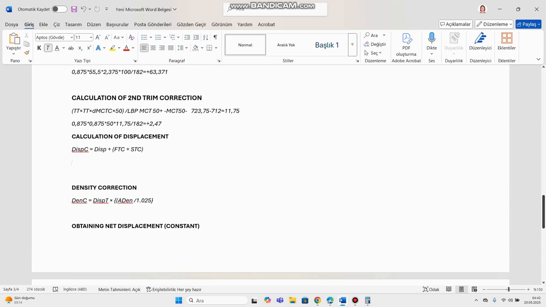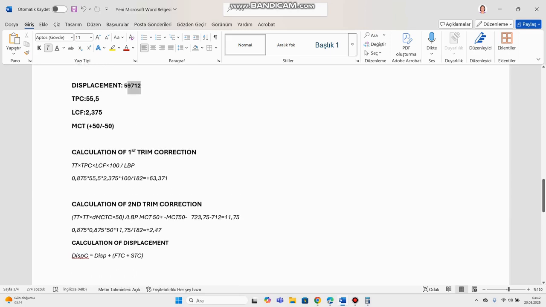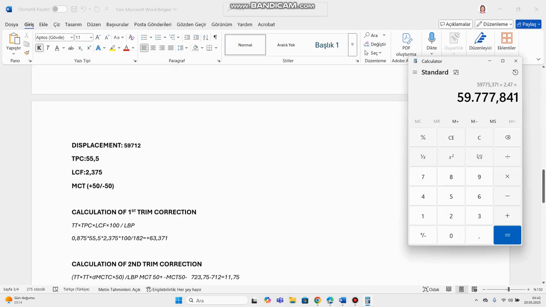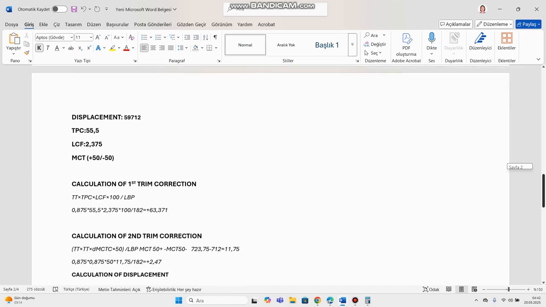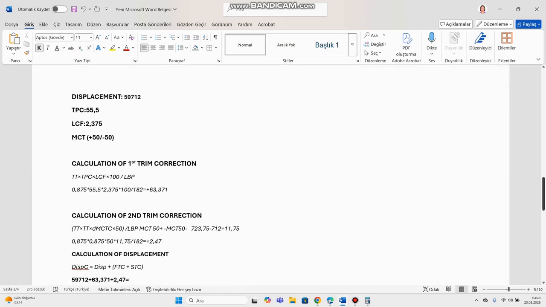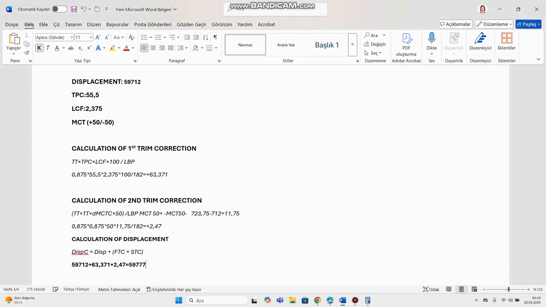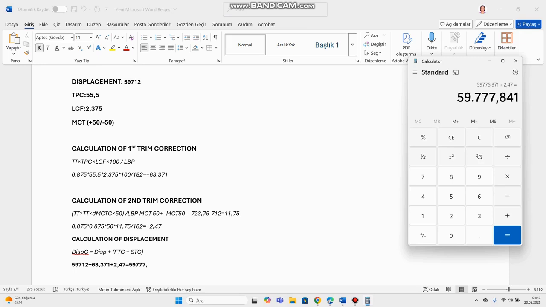Our displacement was 59,712 plus 63.371 plus 2.47 equal, this is our displacement after making trim correction. Let's write there. 59,777.841.